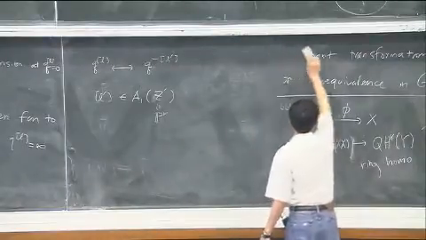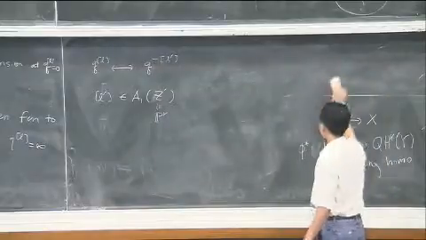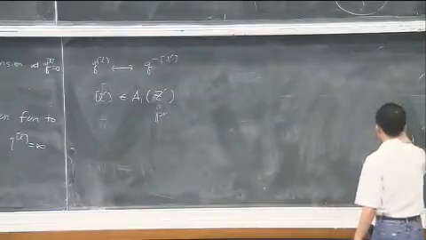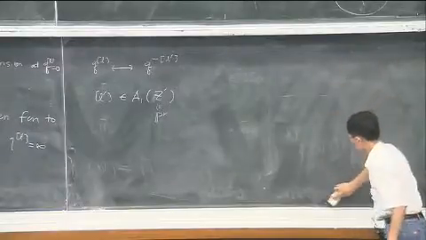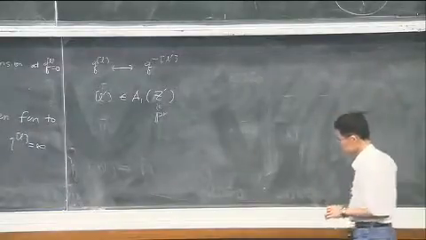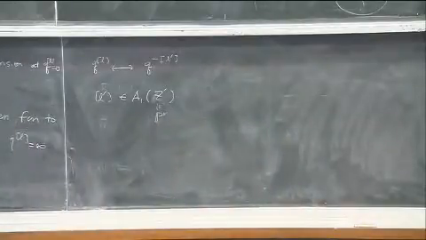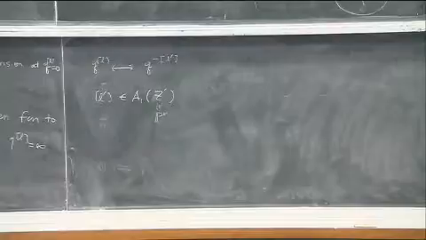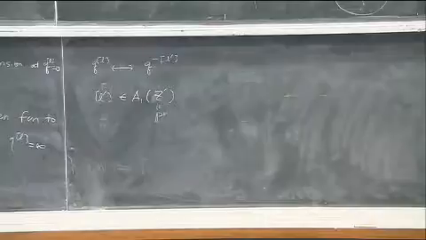Not only that, I want to make this statement even more precise. If I give you X and X prime, then what you can do is compute Gromov-Witten invariants on X and analytically continue to the other side, and you get the Gromov-Witten theory of X prime.